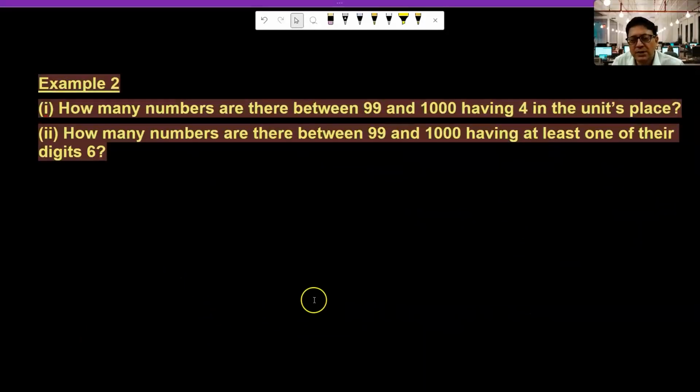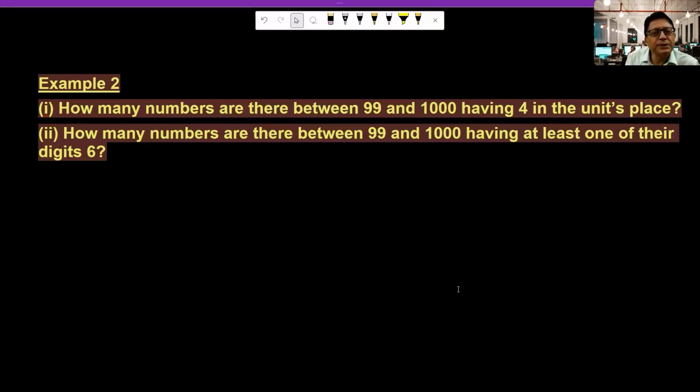How many numbers are there between 99 and 1000 having 4 in the units place? This fundamental principle of counting in mathematics will help you solve your problem within a few seconds, which by actual counting will take a day.